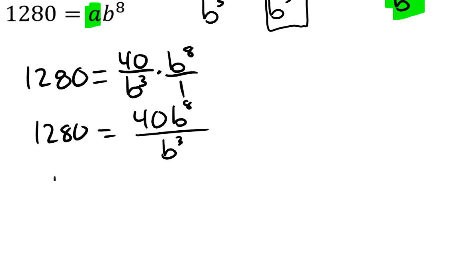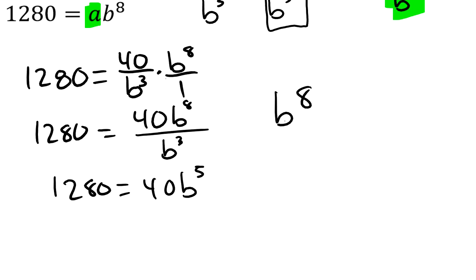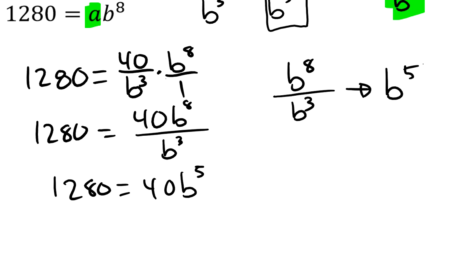So I'm going to write this as 40 times b to the 5th power. If this is confusing, just go back and think about definitions of exponents: 8 factors of b in the numerator, 3 factors of b in the denominator, you're left with 5 factors of b in the numerator.